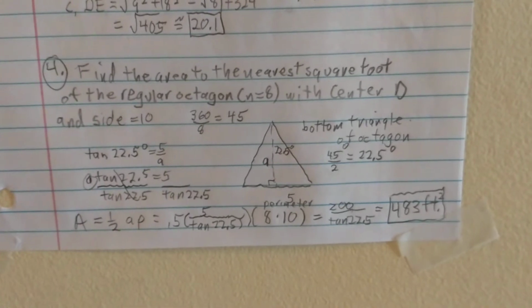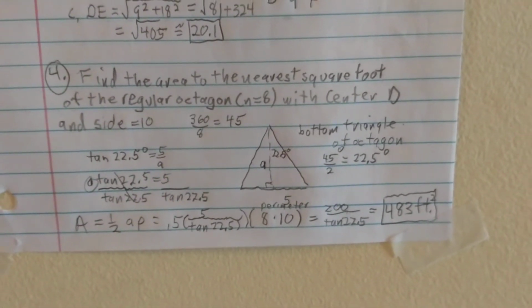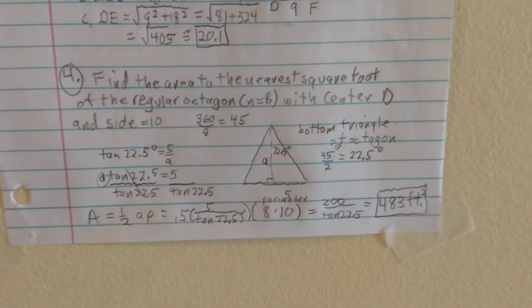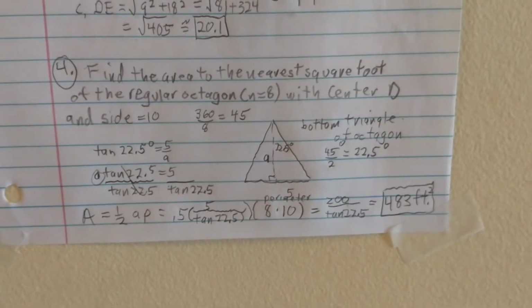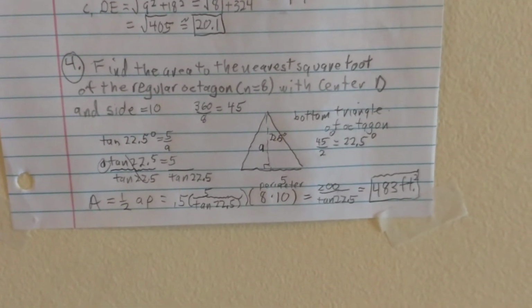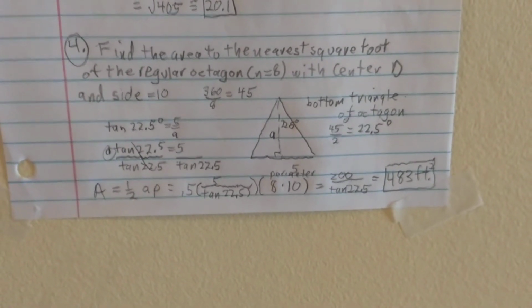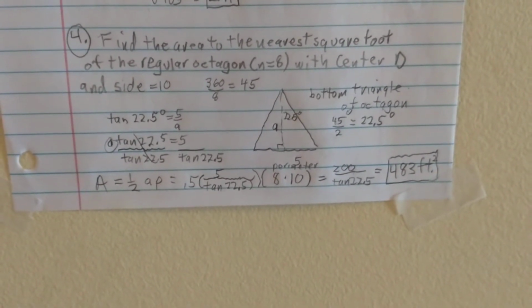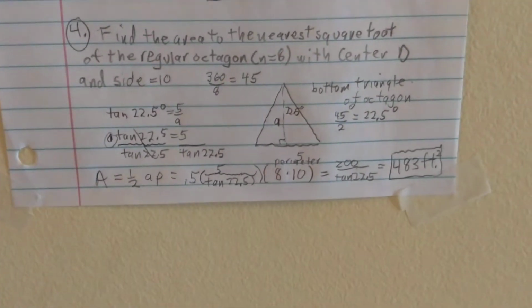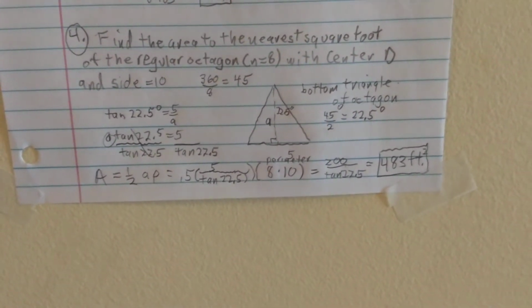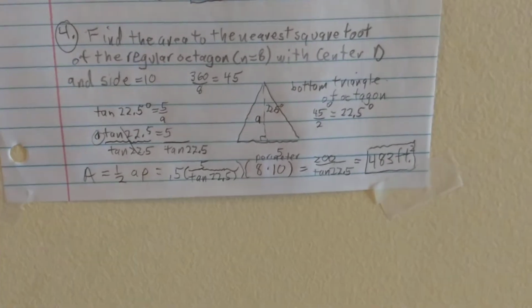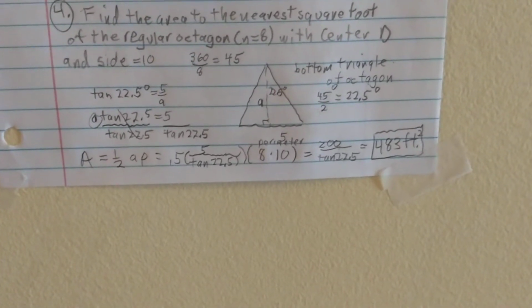And as we've done before, we take half of that to work on half of the triangle. So half of the side of side 10 would be 5. So for our little triangle, that's the bottom of the 8 triangles, we have on the right triangle 5 for a side, A, the apothem for the altitude, and 22.5 for the angle up top.